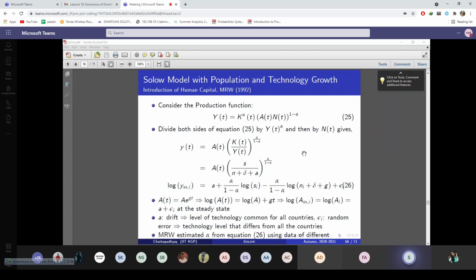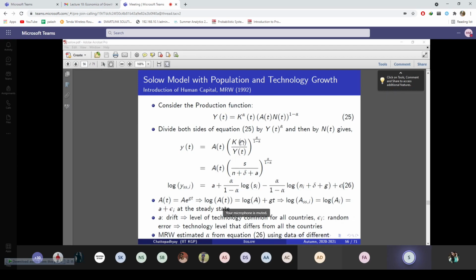Your job, you start doing it. The hint is over here. You start with this production function, then you divide both sides of this production function by y_t to the power alpha, and you do some algebraic manipulation. This is the capital output ratio. Capital K by capital Y equals small k by small y.